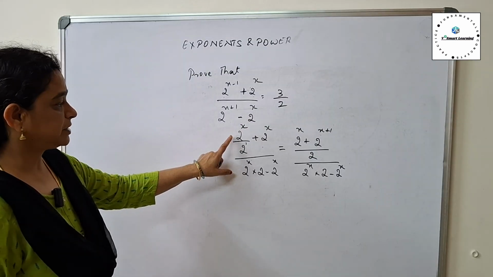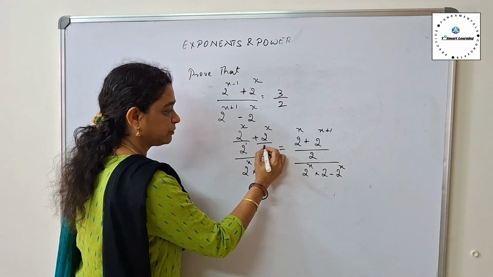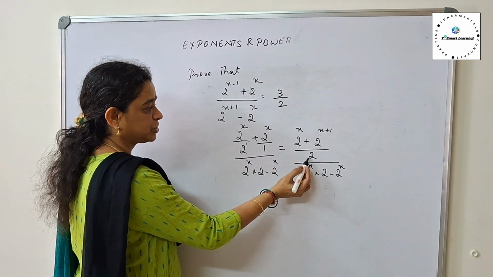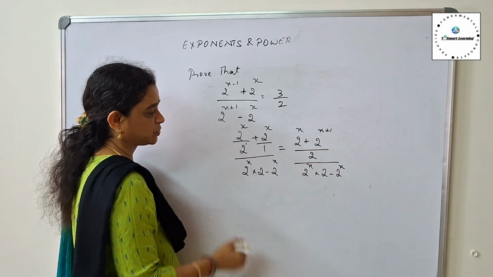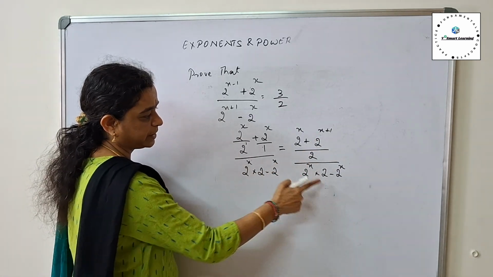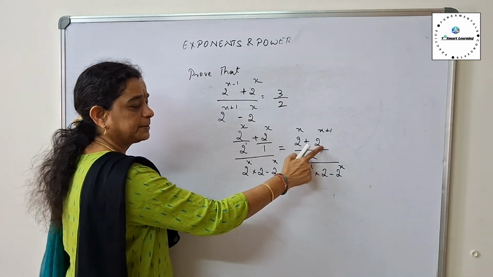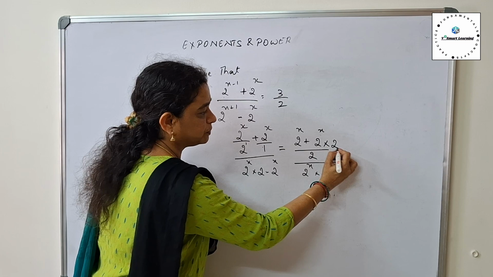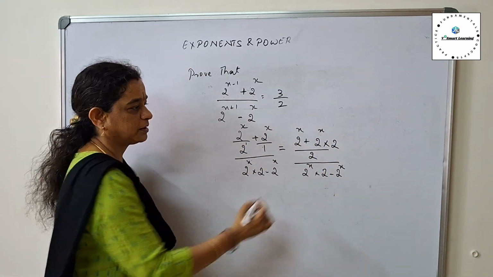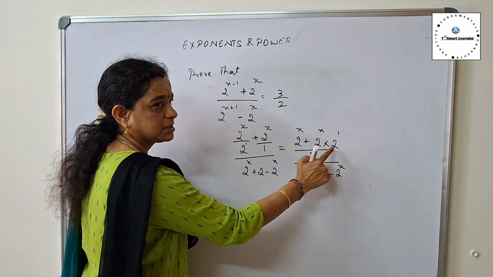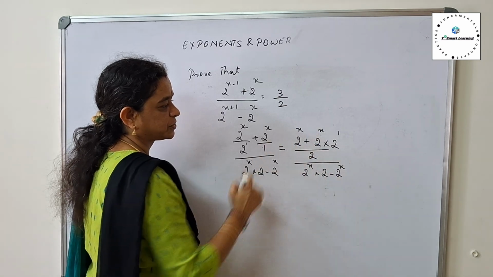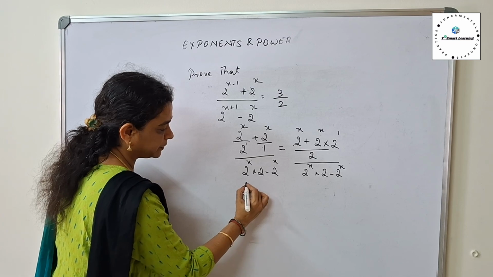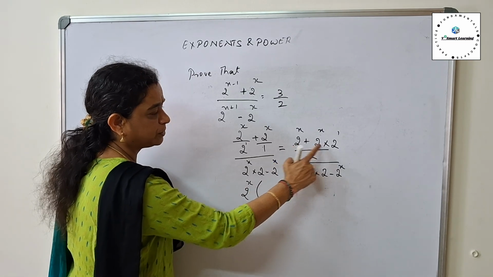Okay, so I'm taking an LCM. I hope all of you know how to take LCM between expressions. So the LCM will be 2, and here I get (2^x plus 2^x into 2) by 2 divided by this. Here 2^(x plus 1) is nothing but 2^x into 2. So I take 2^x common.